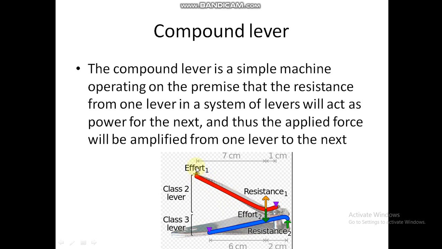We apply the effort at this point, but the resistance from this lever, the red one, is transferred to the blue one, and then effort is applied on the second lever. So the effort is not applied on the lever directly, but the effort produces resistance and this resistance produces effort for the second lever. In this case, it is called a compound lever.